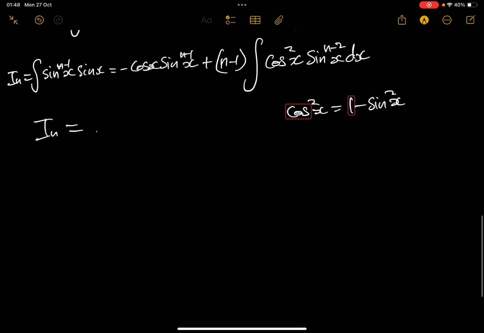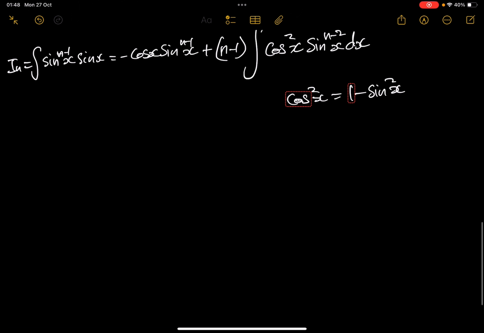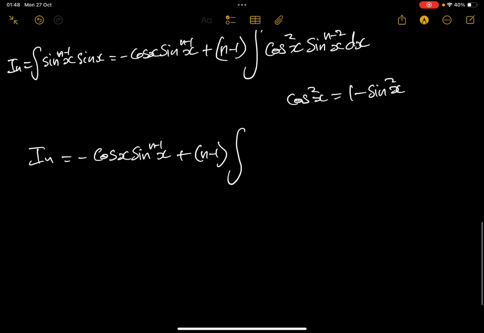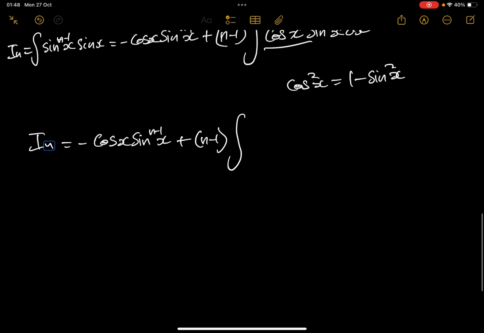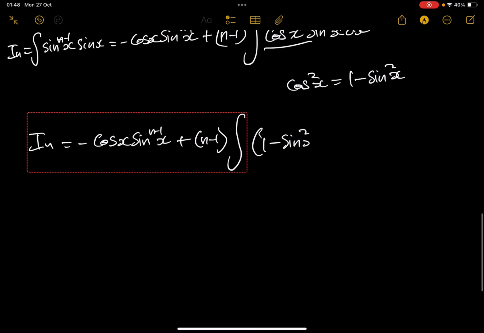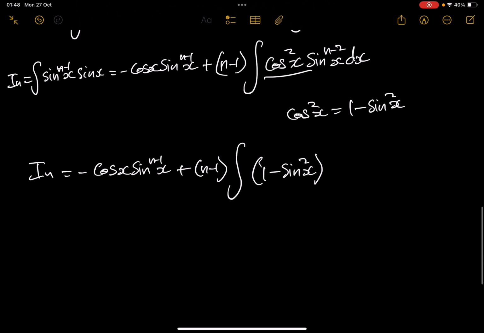So In is equal to minus cos x sine n minus 1x plus n minus 1, the integral of 1 minus sine squared x, sine n minus 2x dx.